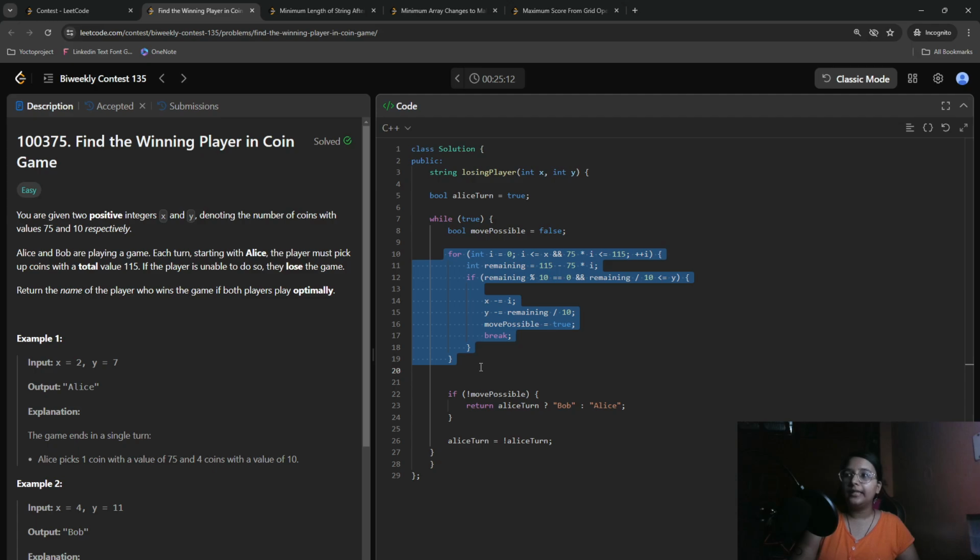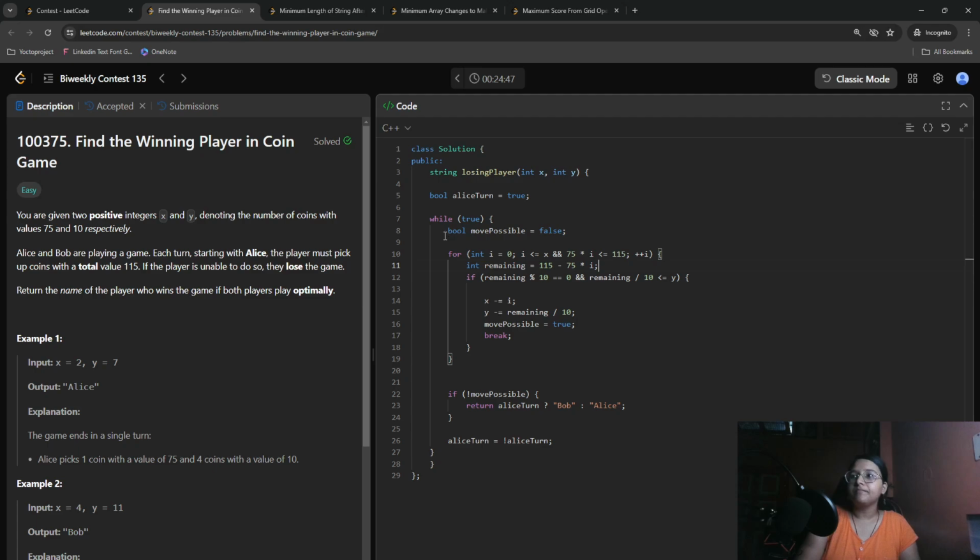From this for loop we'll just break out when we get a move. Anyhow, this is not truly an infinite loop, this will go up to that 115 thing.